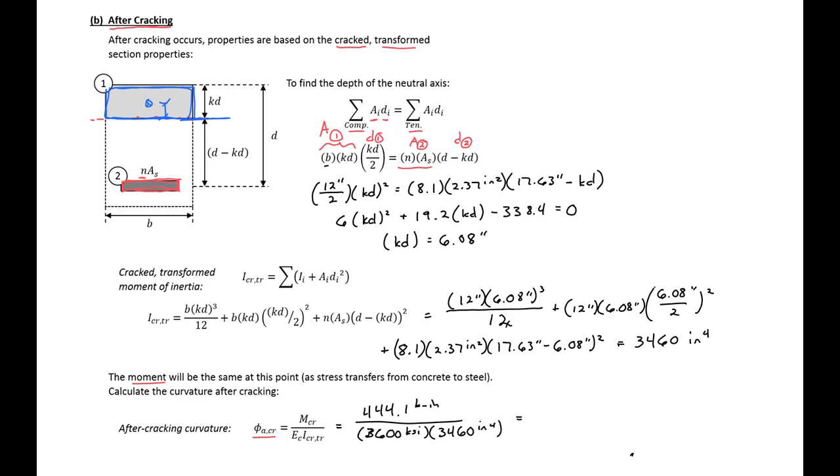And we'll find our after cracking curvature to be 3.56 times 10 to the negative fifth radians per inch. So this curvature in combination with our 444.1 kip inches gives us our second point on our moment curvature diagram.